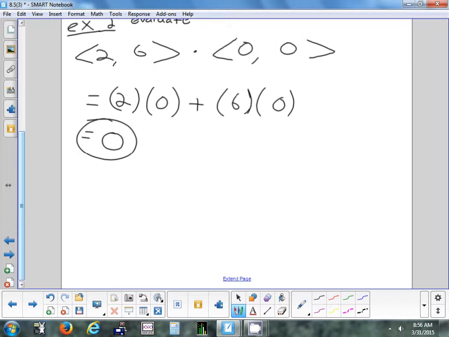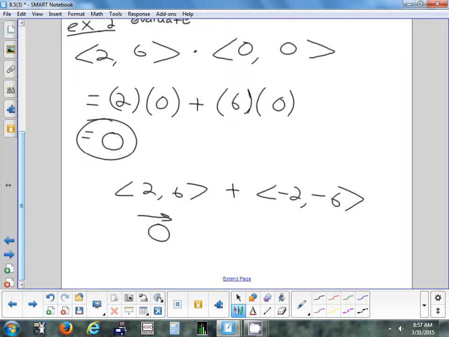Versus if I gave you a problem like this, 2, 6, and I said to add to it the vector -2, -6, and you wrote 0 as the answer, I'd mark it wrong. You'd have to write the 0 vector. So when you add vectors, the answer you get is a vector.